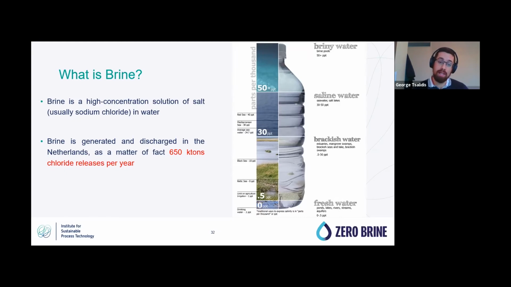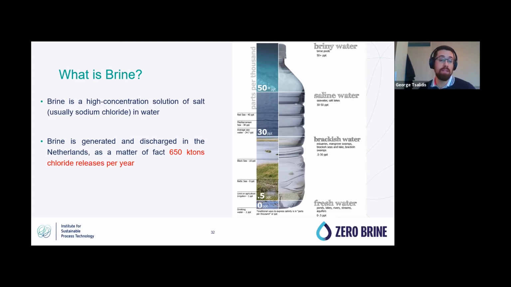Brine is generated in the Netherlands, and at the same time, the Netherlands is lucky in a way because it is next to the ocean, and there are big ports with big industrial clusters. So in some cases, depending on the materials that exist in the brine, companies can dispose briny water in the ocean before or after dilution with water.